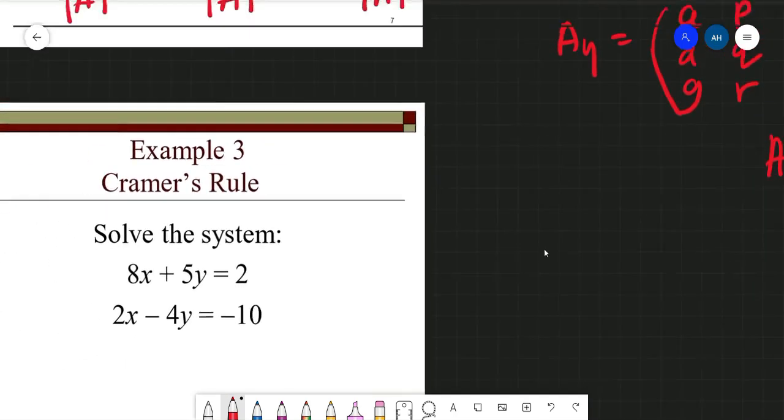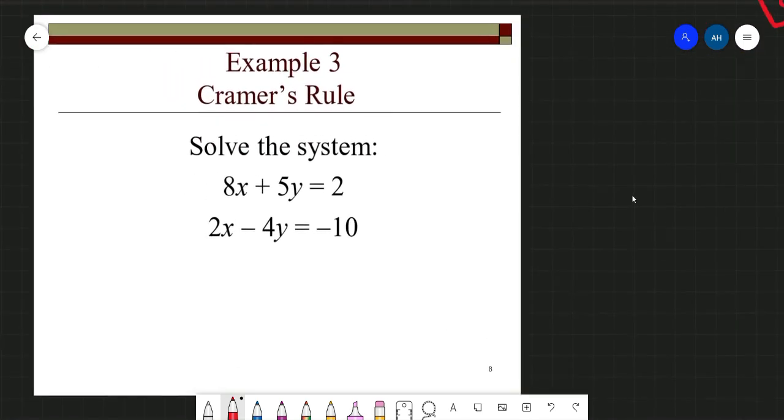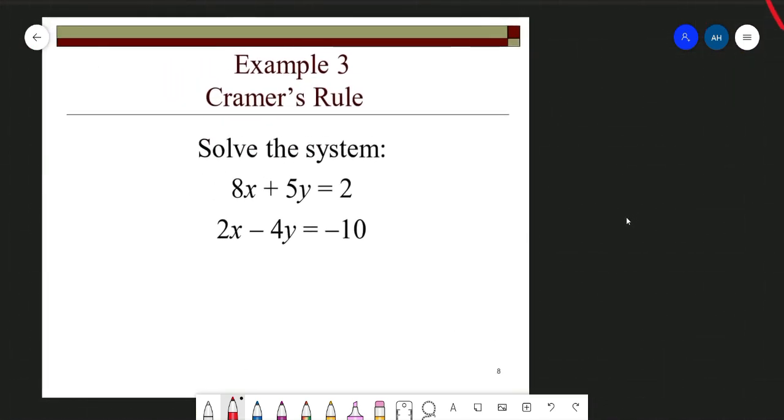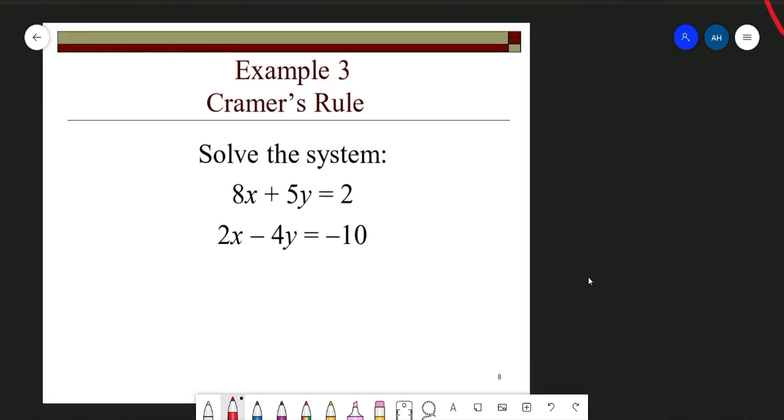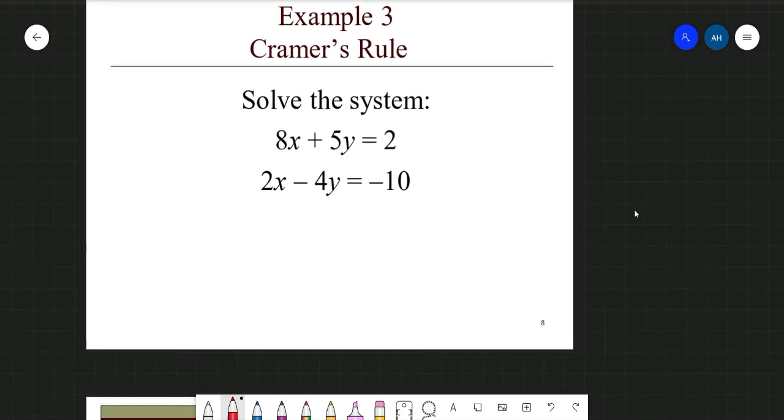All right, now the time has arrived for us to explain Cramer's rule by using this example number 3. Now this system of linear equations has 2 equations and 2 unknowns. Equation number 1, equation number 2, and we have 2 variables, that is x and y.